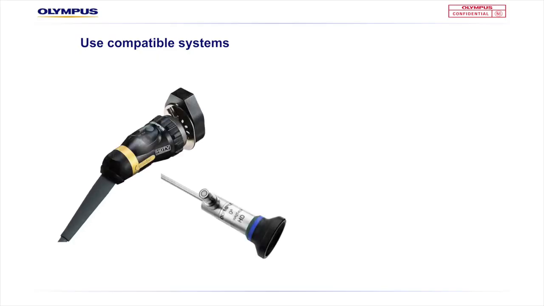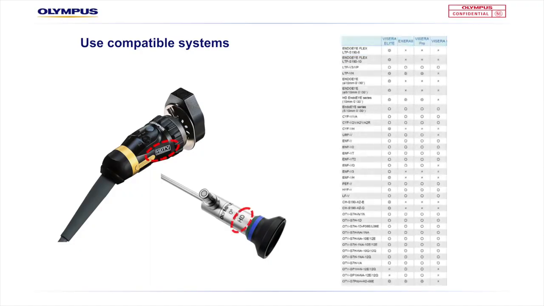For example, if you're using a HD camera head, you want a processor and monitor that's compatible and capable of a HD image. Or if you're using a 4K processor, then you will need a compatible camera head and ideally a 4K monitor in order to get the most out of that 4K picture.